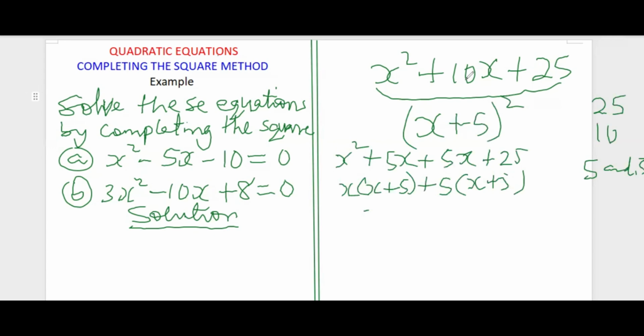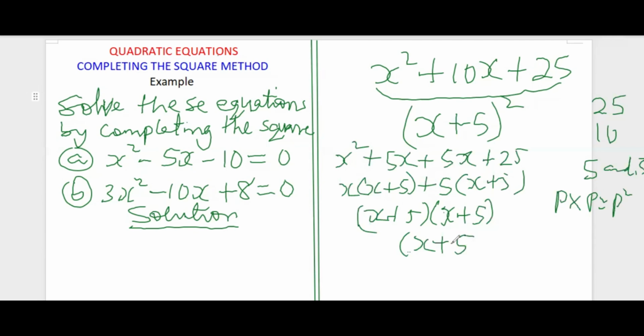So at the end of the day, you get x plus 5 times another x plus 5. If p times p gives p squared, then x plus 5 times x plus 5 will give x plus 5 squared. That means this one is a perfect square because it can be factorized into a single expression that is squared. So that's why we call it a perfect square.